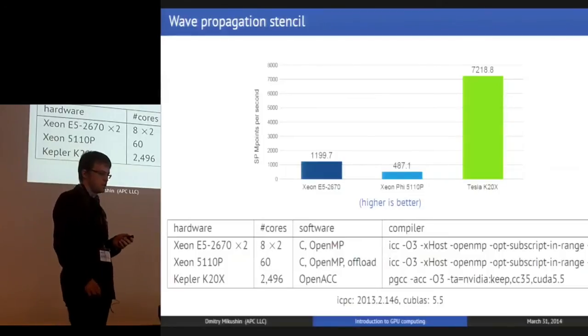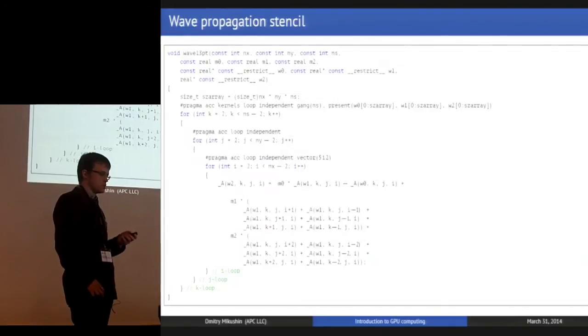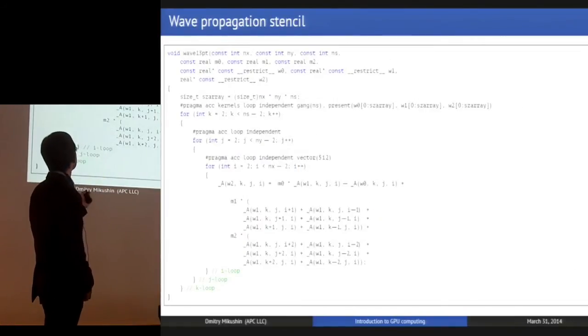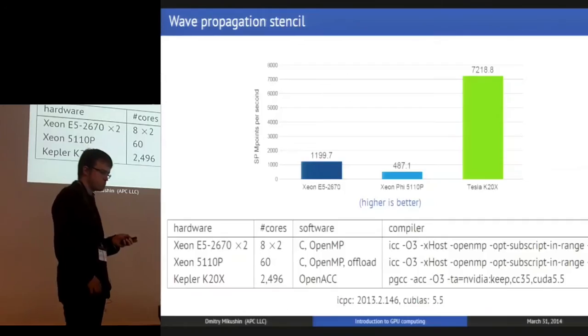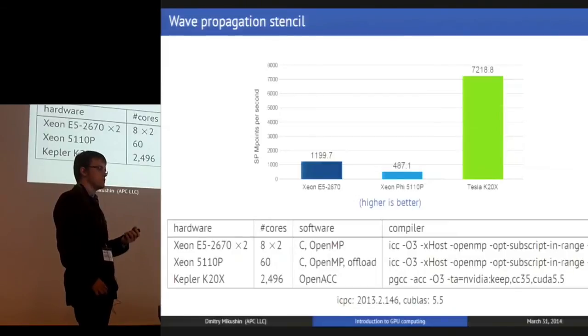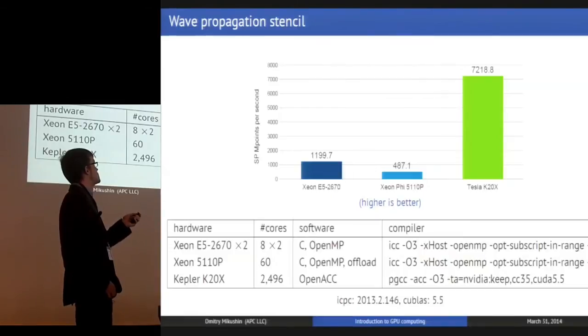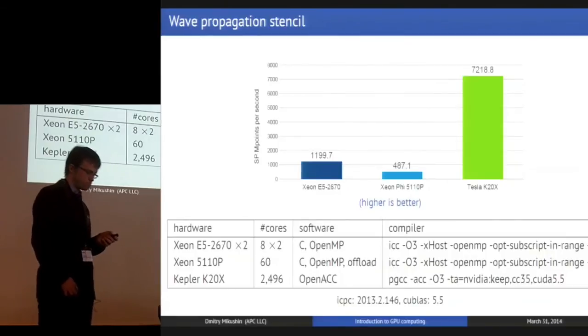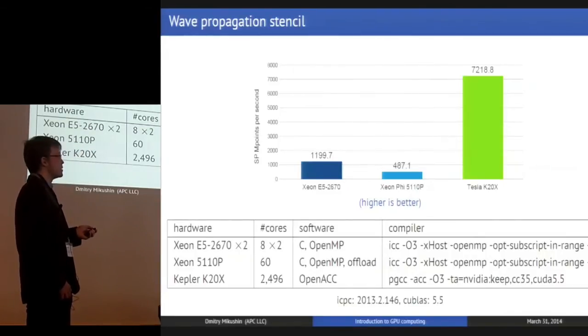Okay, and for the third example I have a wave propagation stencil, which is an explicit code of this kind. We have a 3D loop here, and we have some stencil computations in the loop body. Since it is very hard to provide vectorization for this kind of problem, the speedup here is really small, and we also have a large gap here. We don't use CUDA to code our stencil.